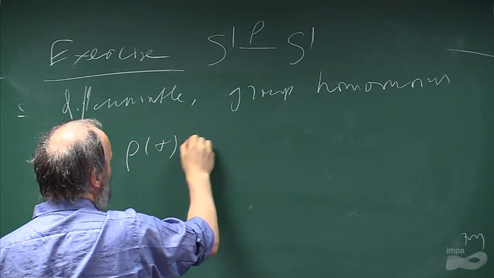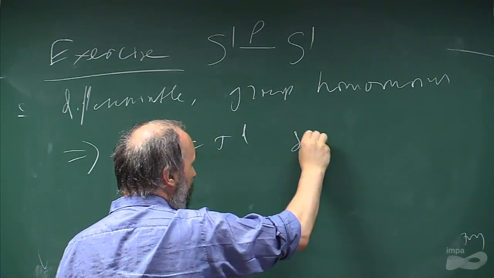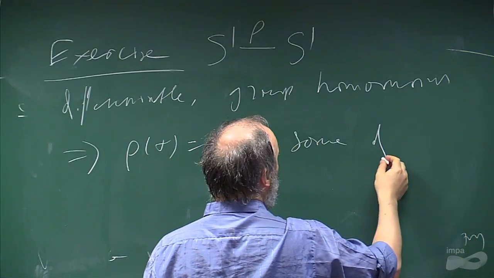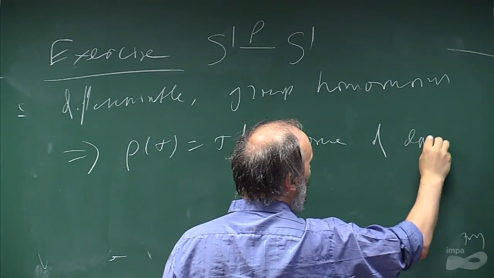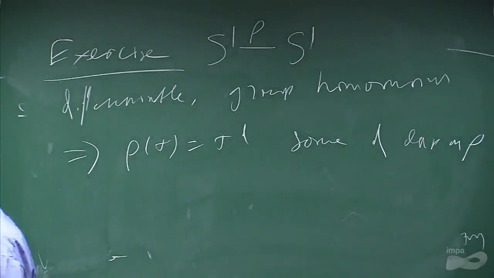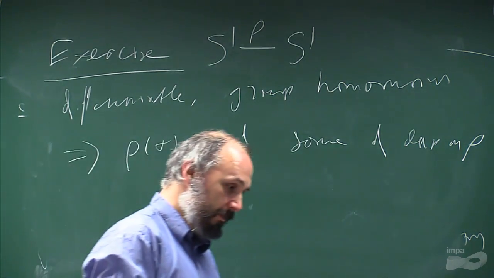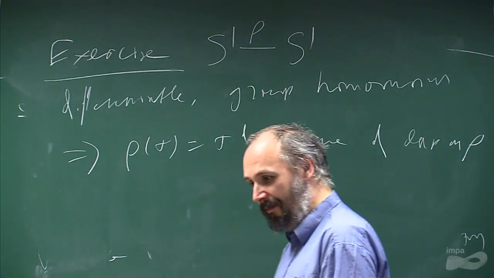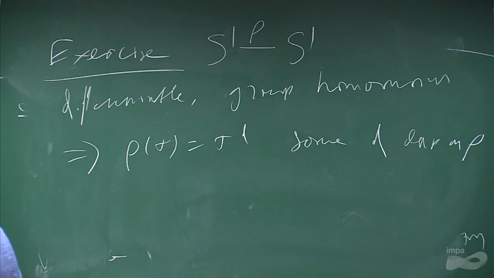Then rho of t is t to the power d for some d, which depends on rho and doesn't depend on t. So what do you think? Do you have any solution? Anyone?